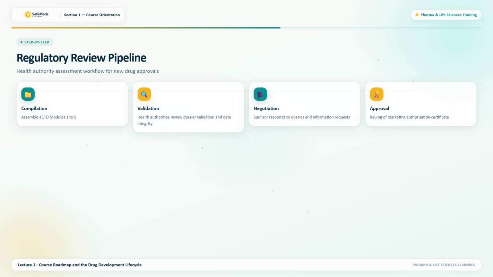These reviews include auditing clinical data integrity, assessing manufacturing compliance, and evaluating safety databases. In the United States, the FDA may convene an advisory committee of independent experts to discuss efficacy and safety before making an approval decision. A successful review leads to marketing approval, allowing the sponsor to commercialize the drug.